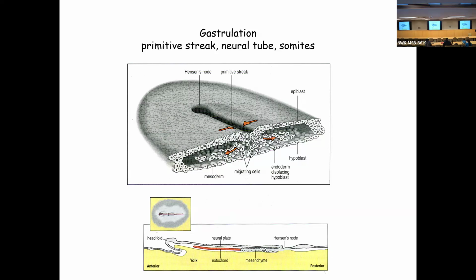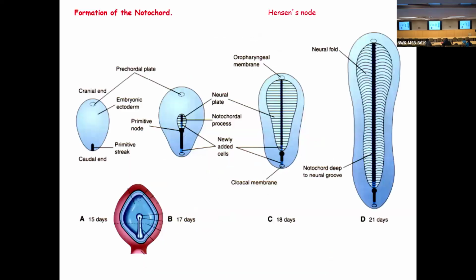But when the notochord is there, it's a signaling center, and produces lots of different things, particularly related to the formation of a neural tube and to the formation of the mesenchymal structures, like the somites. The somites are a group of balls. Let me just show you this.